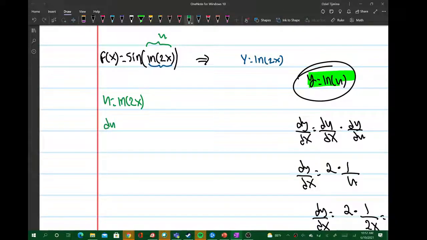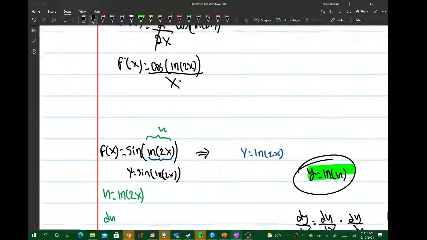If we write this in the form y equals sine of ln of 2x, then du dx would be, so give me one second, hold on.